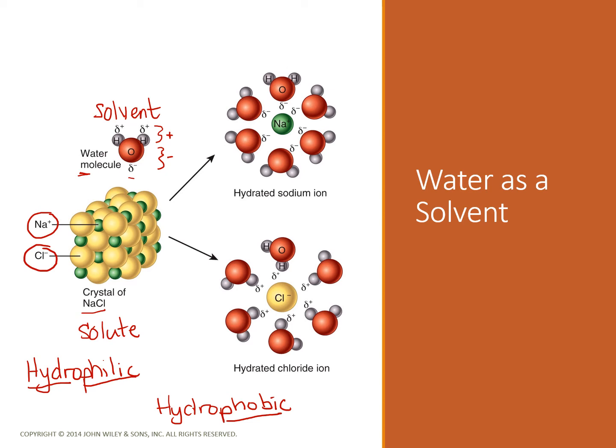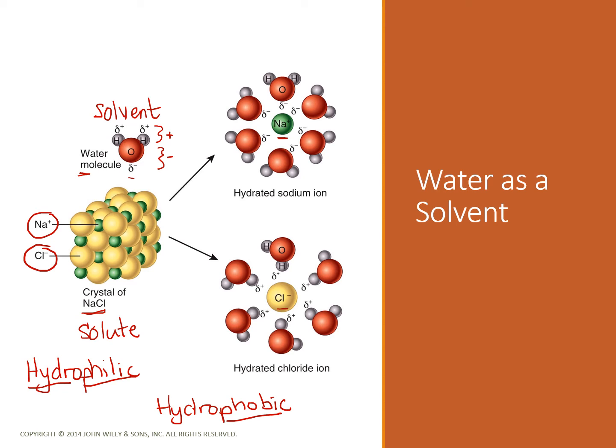So to understand the dissolving power of water, we're going to look at what happens when a crystal of salt, which is this, the sodium chloride, is placed in water. So the sodium and the chloride will actually separate into their ions, a sodium ion and a chloride ion, and they'll actually dissolve in water because of the negative and positive attractions.